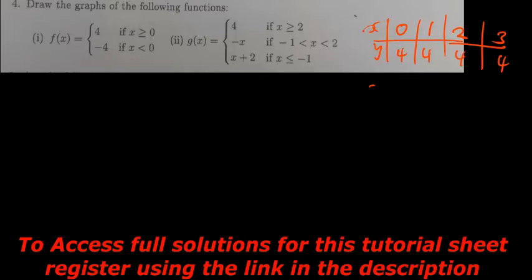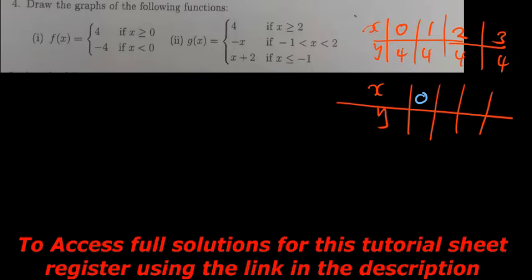Then the second one, since I've said that we have got two functions, the second one is telling me that x should be less than 0. Starting from 0, but 0 is not included. So less than, I'll start with negative numbers. Since 0 is going to be the highest number, I'll write 0 here.